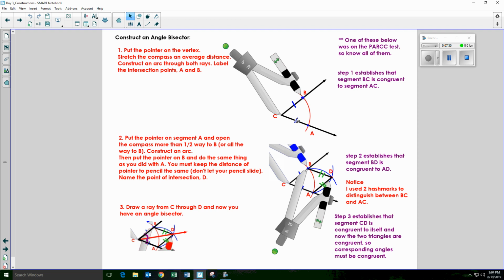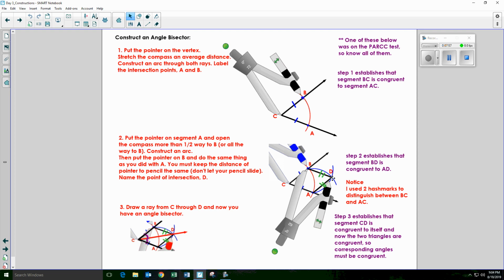So that means the distance from C to A is congruent to the distance from C to B. That's why you see me put these hash marks on here showing segment CB is congruent to segment CA. So that's what you are showing right here. Again, if you didn't write the word segment, you could put the segment symbol above each one instead of saying the word segment in front.